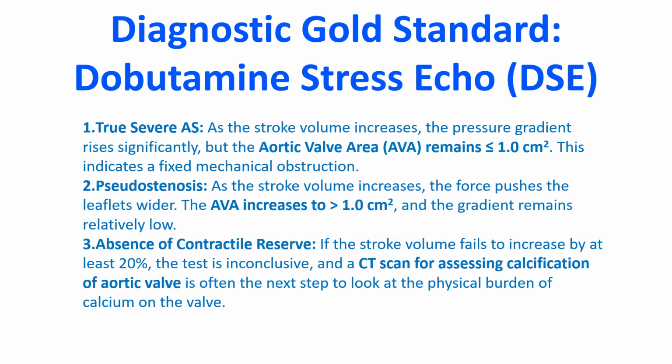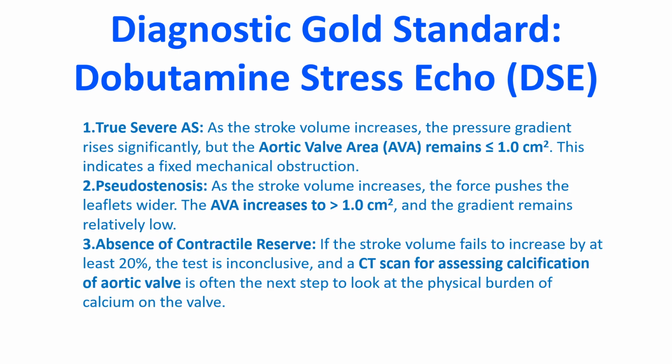To differentiate, a low-dose dobutamine stress echo is performed to increase the heart's contractility and flow rate. In true severe aortic stenosis, as the stroke volume increases, the pressure gradient rises significantly, but aortic valve area remains less than or equal to 1 square centimeter.